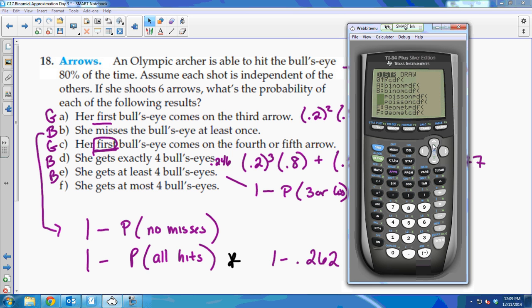So binom CDF, I still have 6 arrows. Getting a bullseye is still 80% of the time, and up to 3. And I would do 1 minus that. Or you would do binom PDF of 4, plus 5, plus 6.